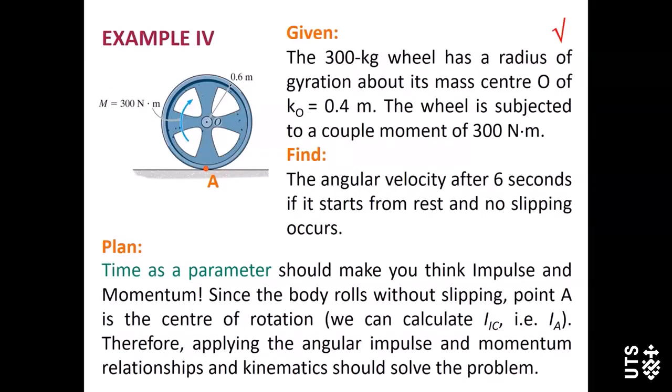Next, we will solve a couple of problems using principle of impulse and momentum. The first problem, and here you can see there is a wheel. The mass of this wheel is 300 kg.